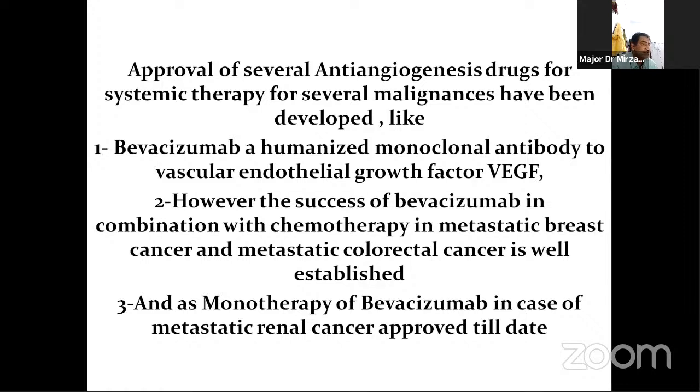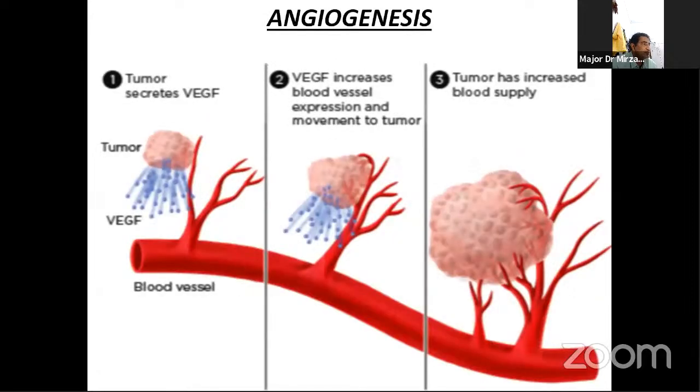That is approved till date. Here we show on the slide that the tumor secretes vascular endothelial growth factor, acting on the endothelial cells. This is the same slide, just elaborated. This vascular endothelial growth factor increases blood vessel expression and movement to the tumor, new vessels form, and the tumor increases its blood supply and grows.